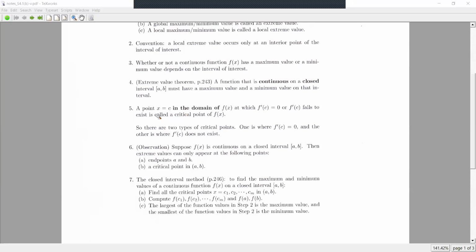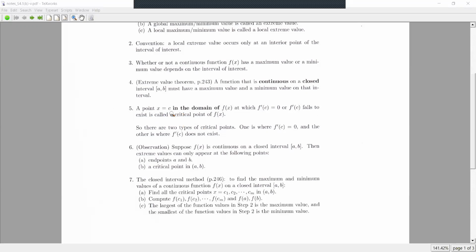So in geometrical language, this says that a point in the domain of a function at which the tangent line is horizontal or the graph of the function has a corner, then the point c is called a critical point of the function.